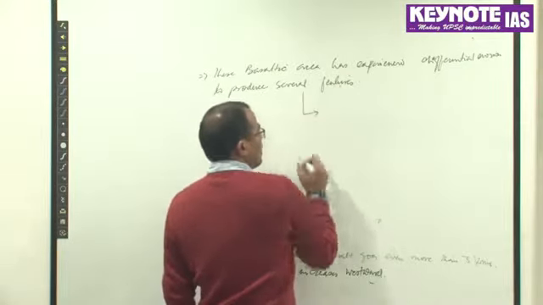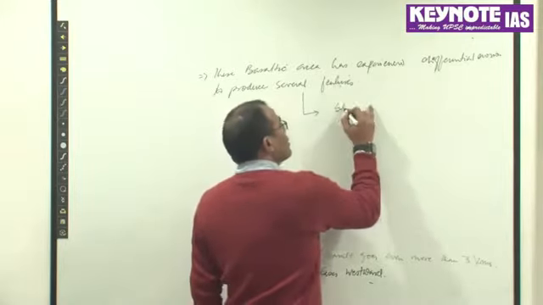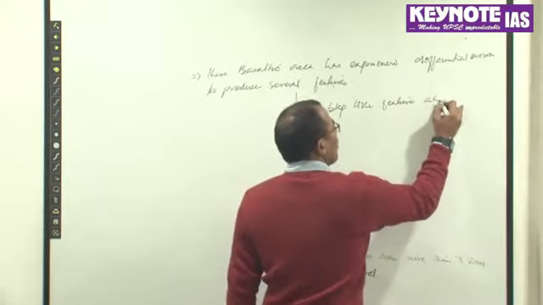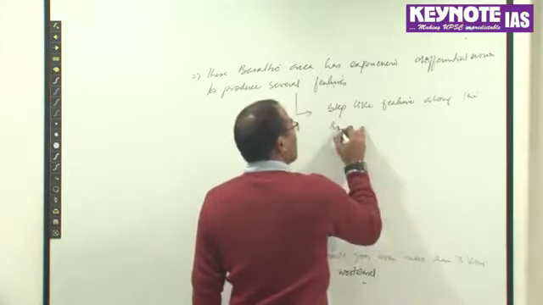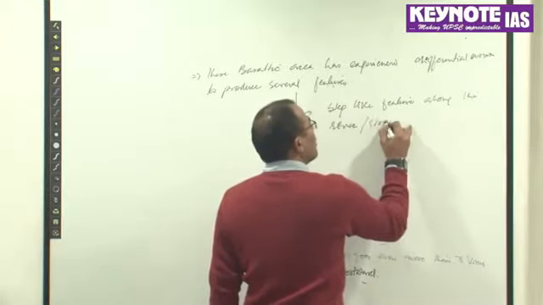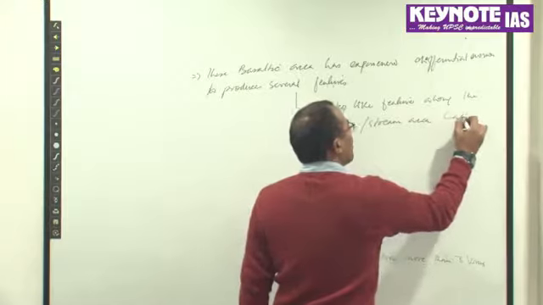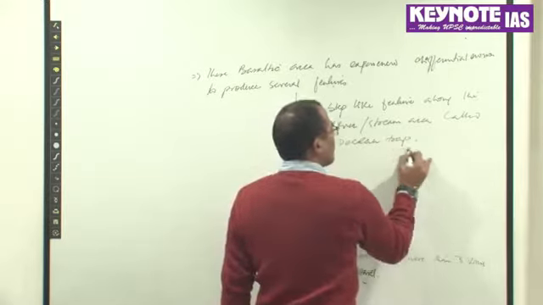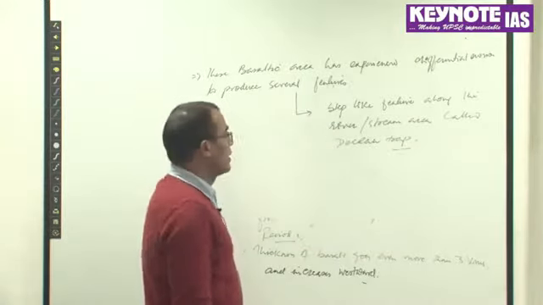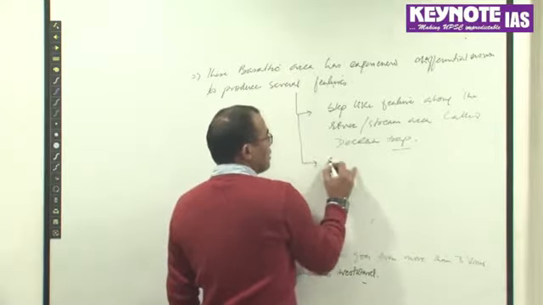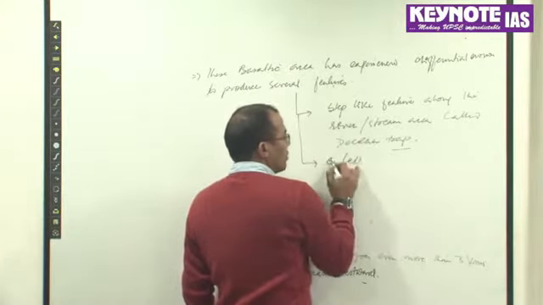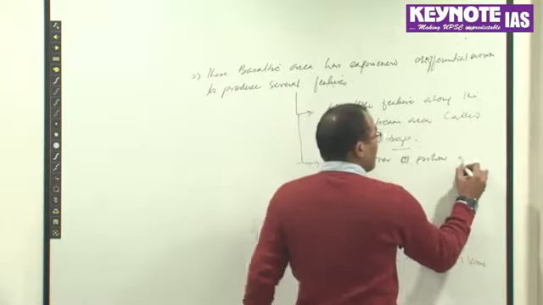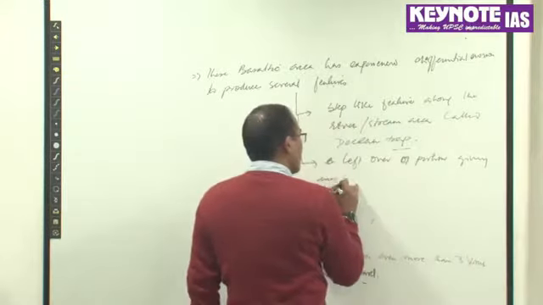The two dominant features are, first, the step-like feature along the river or stream area called Deccan Trap. Then second is the leftover portion giving the impression of a mountain.